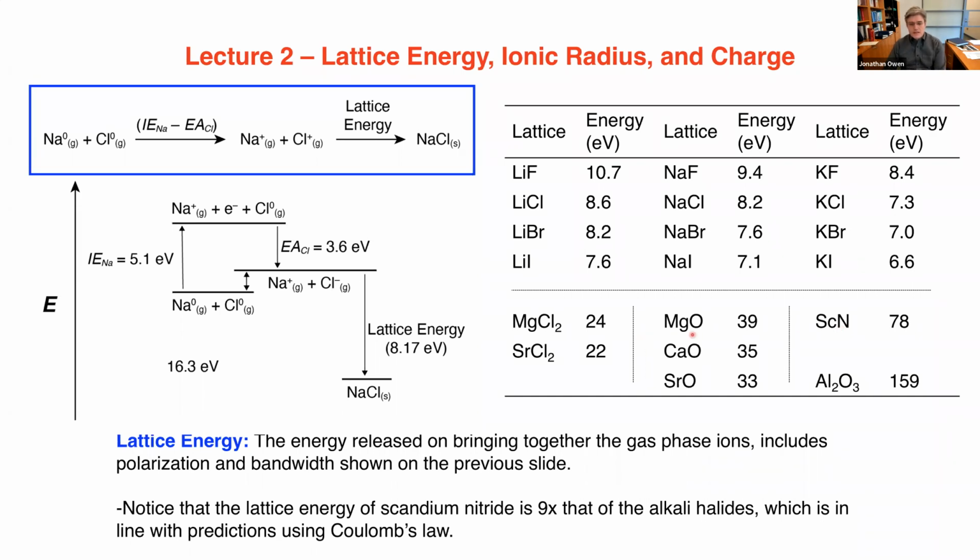So magnesium oxide, calcium oxide, strontium oxide are very insoluble thermodynamic sinks. Magnesium burns; you can burn magnesium metal in a carbon dioxide atmosphere. Amazing. There's this stuff called thermite, which is used to weld steel underwater.